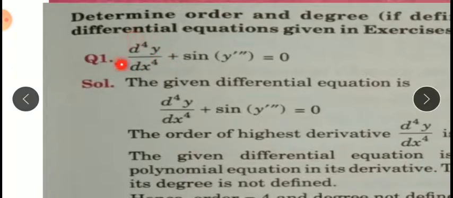You can see here this is not a polynomial because this is sin of d3y by dx3. Therefore, this differential equation is not a polynomial in its derivatives, and we can consider its order as 4. But its degree is not defined.